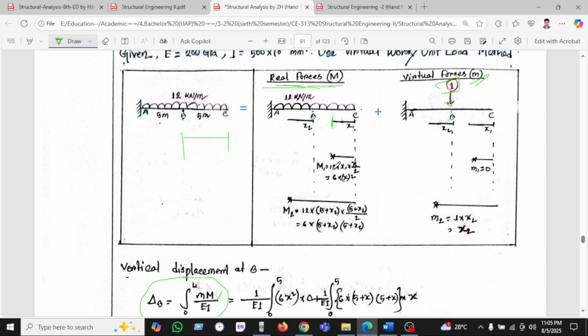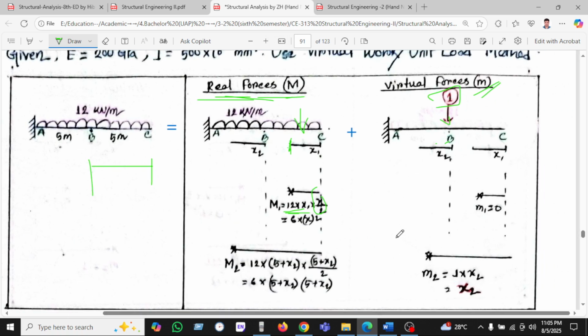The load is 12 kilonewton per meter, and the distance is x1, and as this is a UDL, its force is 12 into x, acting at the middle, which is x divided by 2. So we have found 6 into x square.